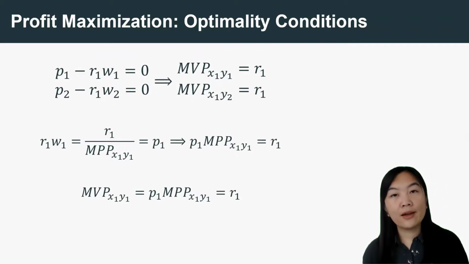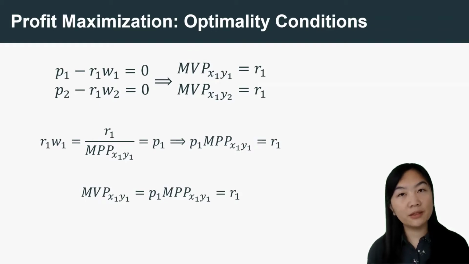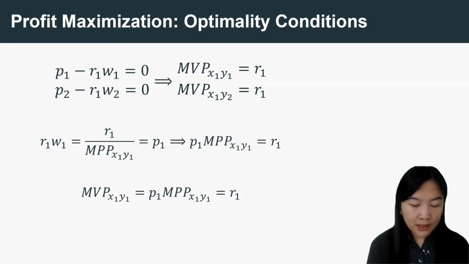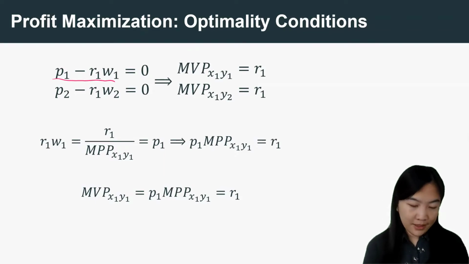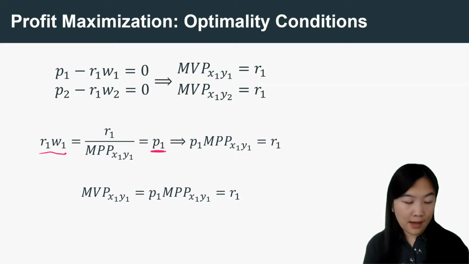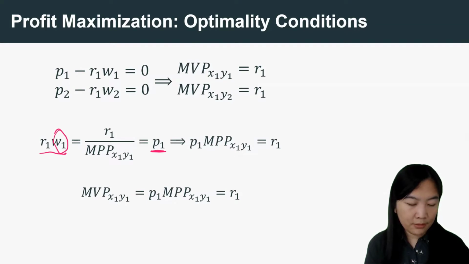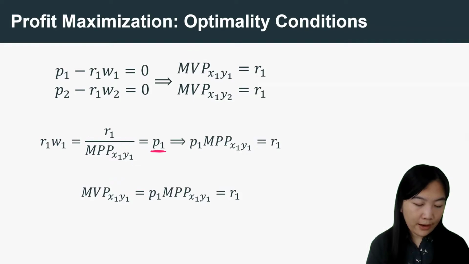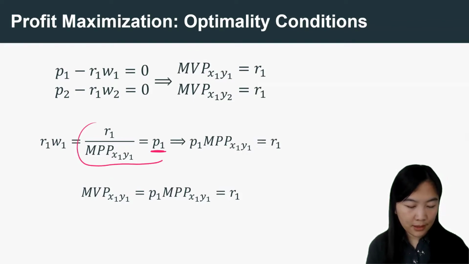And we can also rewrite the optimality condition a little bit differently, and this will link to the revenue maximization problem. So what do I mean by that? Since we have this R1 W1 equal to P1, and this W1 can be written as 1 over MPP x1 y1, we have this condition here.